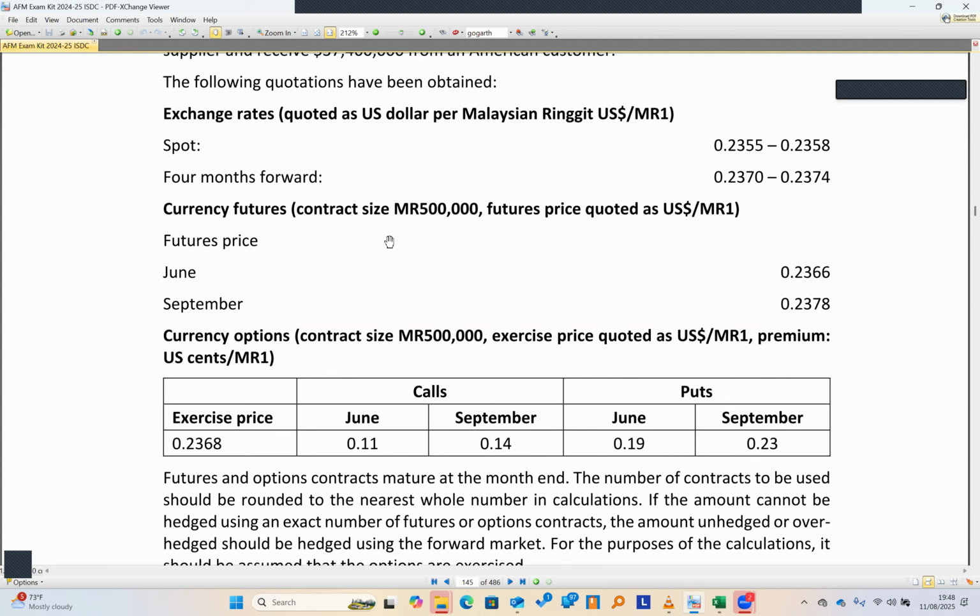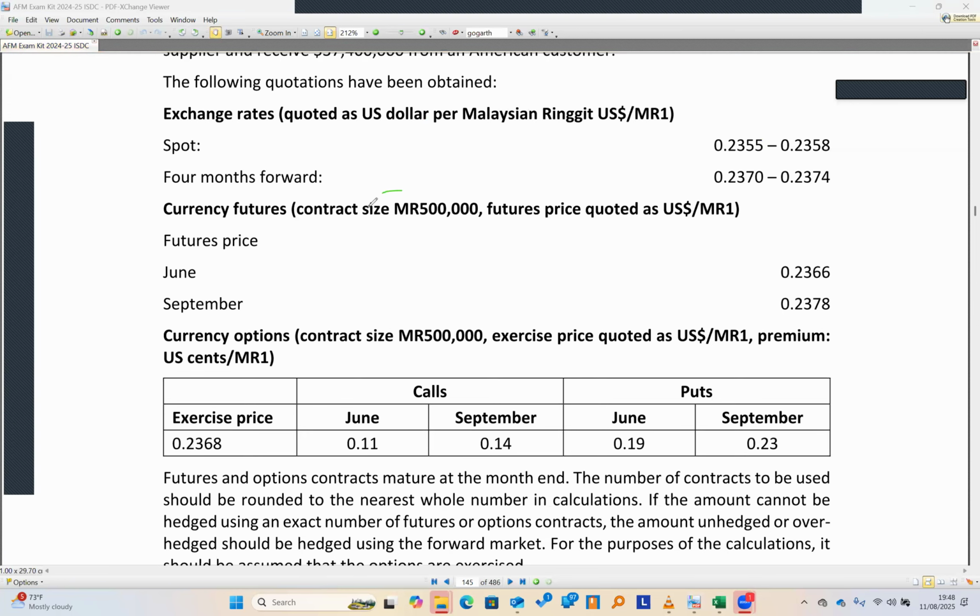Now, usually, when you are going to make that decision for foreign exchange currency, you have to look at the contract size. The contract size is quoted in Malaysian ringgit.